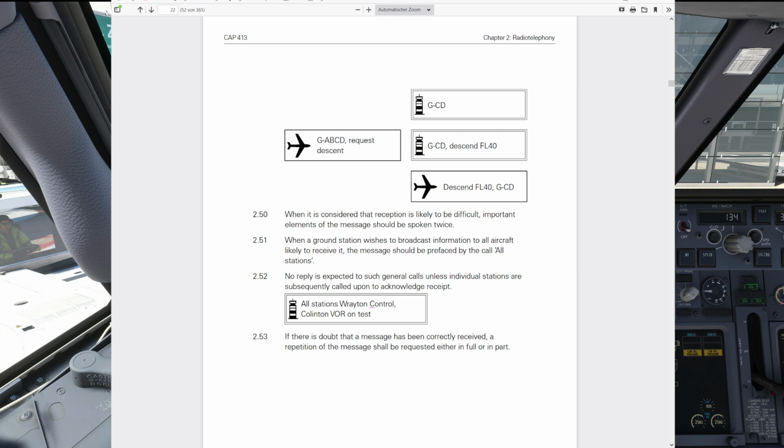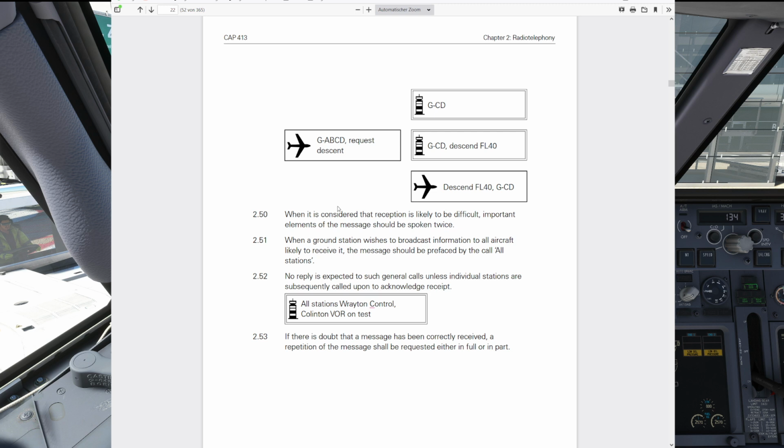But think like here: Golf Alpha Bravo Charlie Delta, request descent, then air traffic control is going to say, Golf Charlie Delta, descend flight level 40. And the readback, descend flight level 40, Golf Charlie Delta. So, that's just an example of how it is in the UK Radio Telephony Manual.